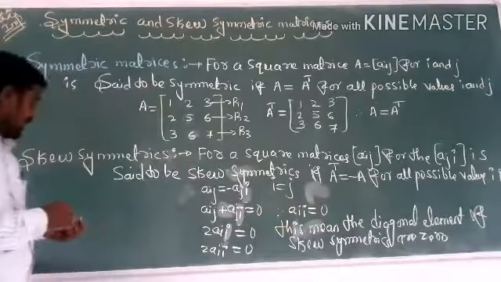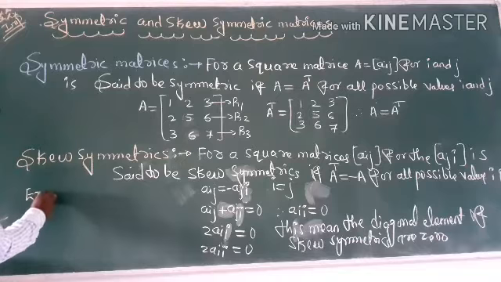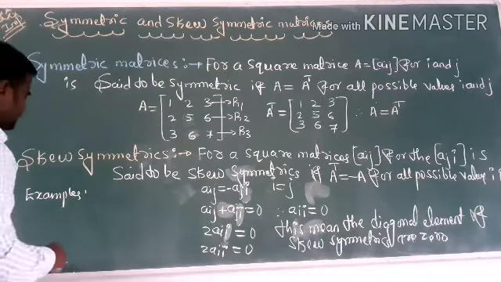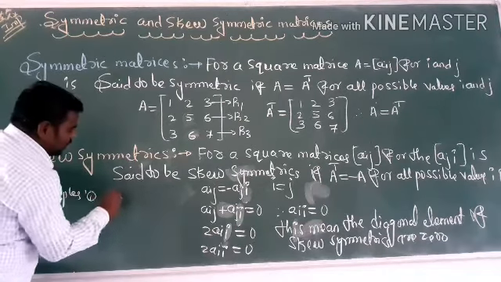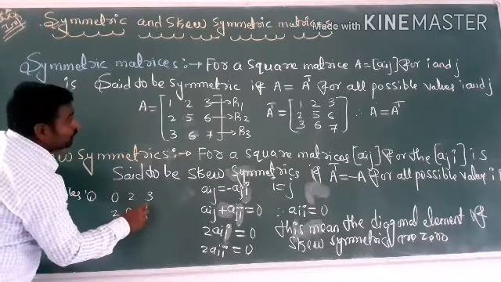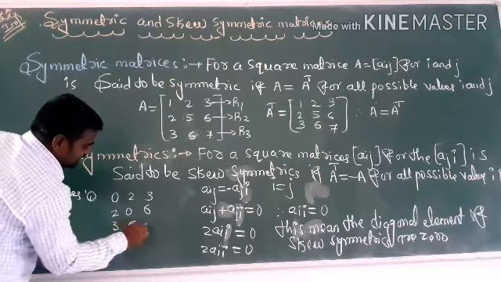This means examples are most important. Carry the examples. Just note this one, a very simple example. Shall I take 0, 2, 3. Here 2, 0, 6. Here 3, 6, 0.